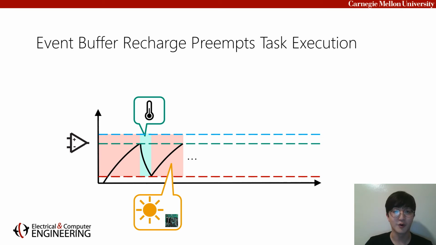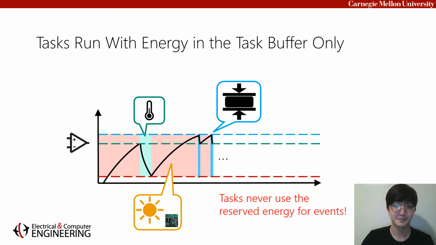When the reserve for events is not full, CatNap prioritizes recharging it over running tasks. And tasks only run with energy over the energy reserve. However, as you can see from the diagram, tasks never use reserved energy for events.